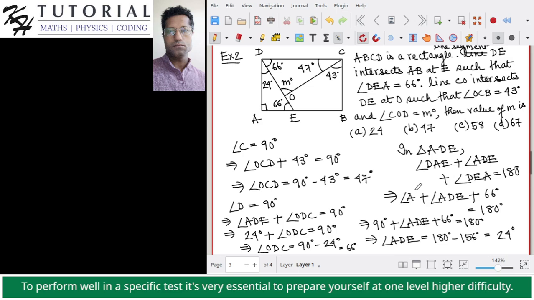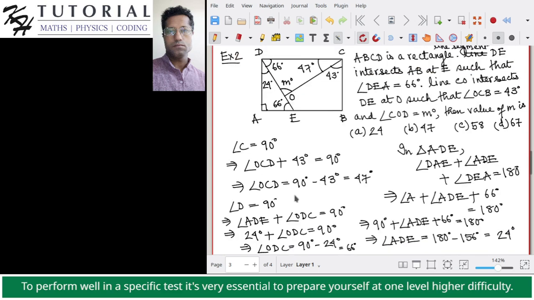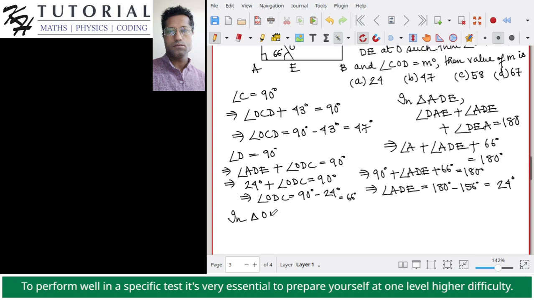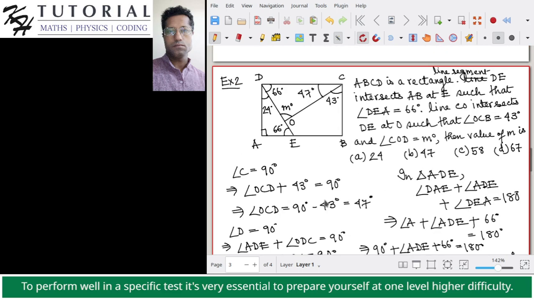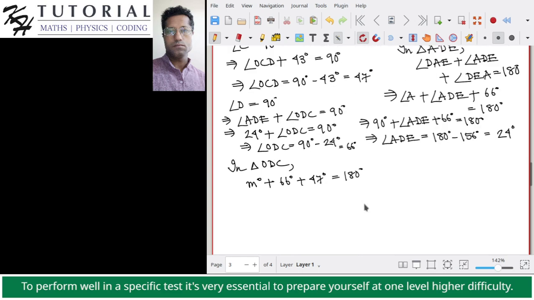Now we can easily find the value of m, because in triangle ODC the sum of the angles will be 180 degrees. So in triangle ODC, we have m degrees plus 66 degrees plus 47 degrees equal to 180 degrees, using the angle sum property of a triangle.